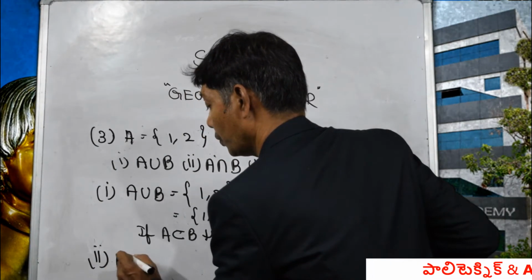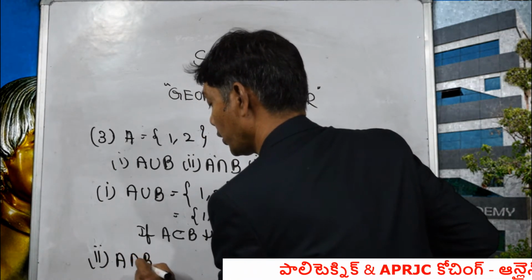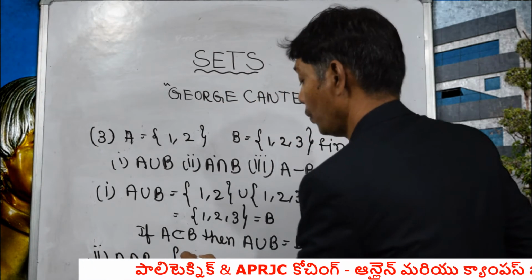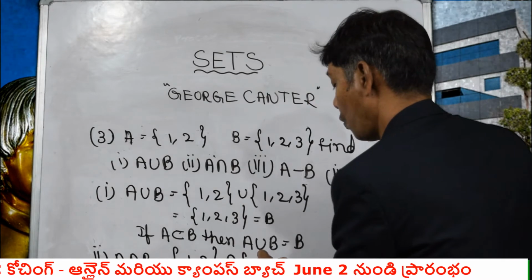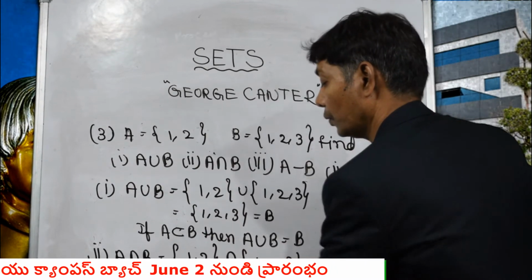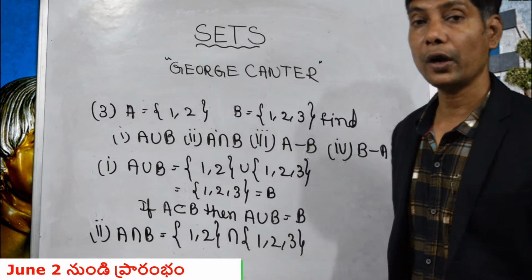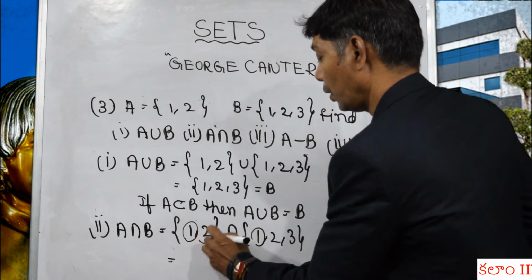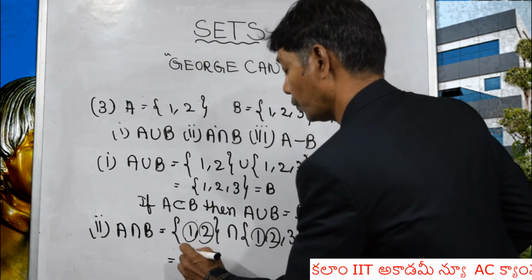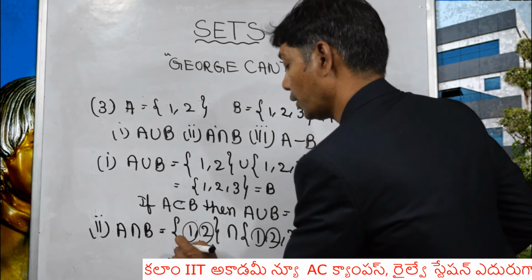Second, A intersection B. A is 1, 2, intersection 1, 2, 3. Here you have to write the common elements. What are the common elements? 1, 2. You have to write the elements 1, 2.